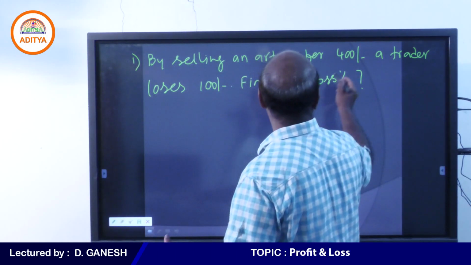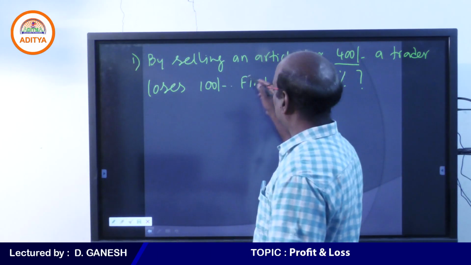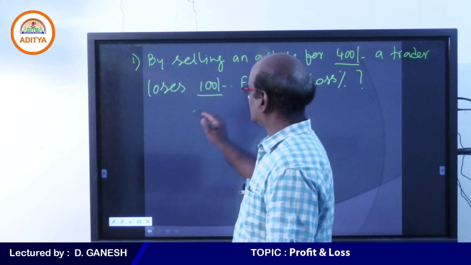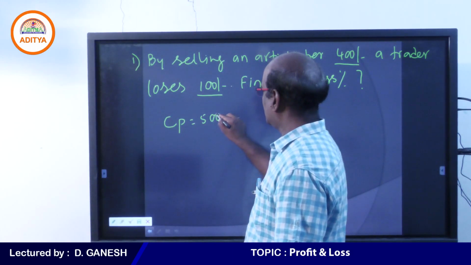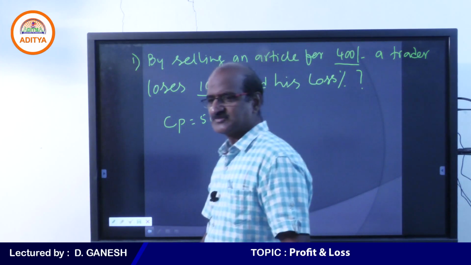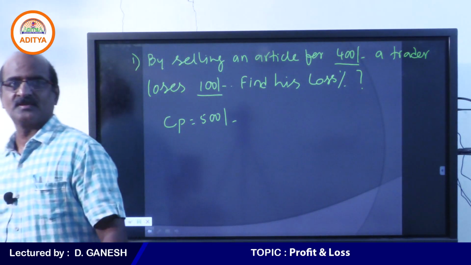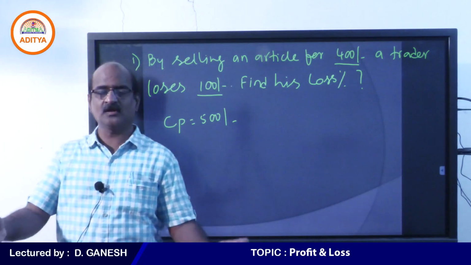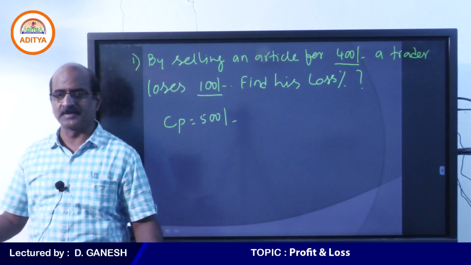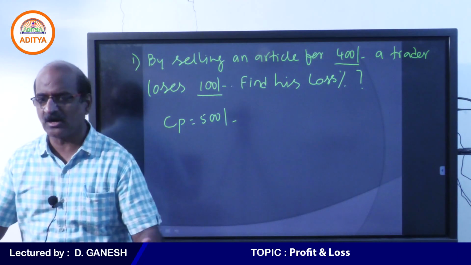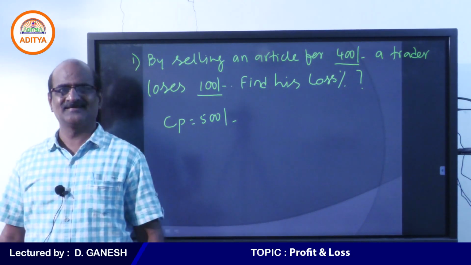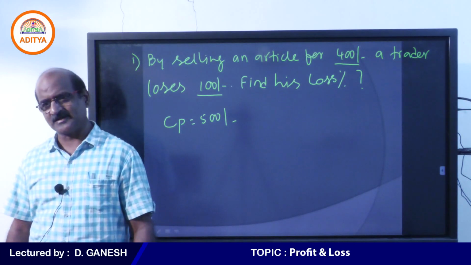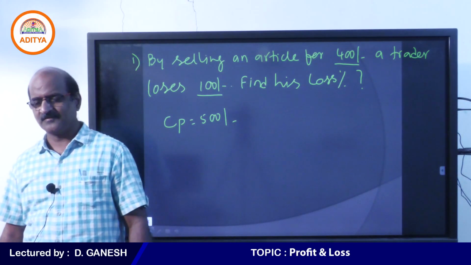By selling an article for 400, a man loses 100 rupees, which means he bought the article for 500. You understand that? Upon selling for 400, you lose 100 rupees, which means the article you might have bought for 500. Student, very good.